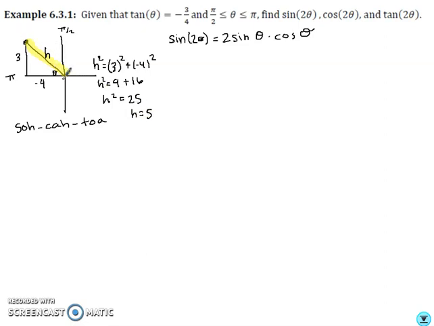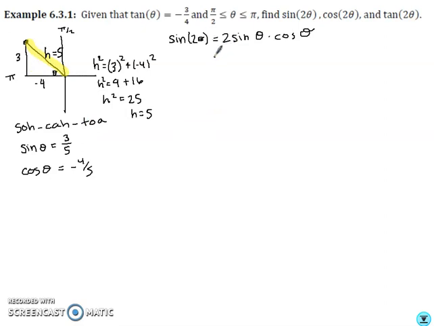Since we are talking about a hypotenuse, which is a distance, not a direction on our coordinate plane, it is going to be just a positive 5. So then my sine of theta is opposite, so 3 over 5, and it is positive in that second quadrant. Cosine of theta is negative 4 over 5, and it should be negative because we are again in that second quadrant.